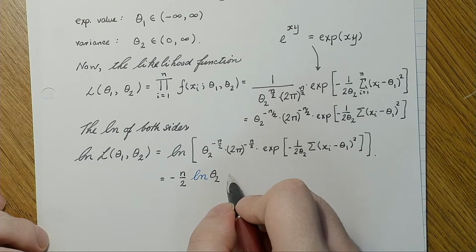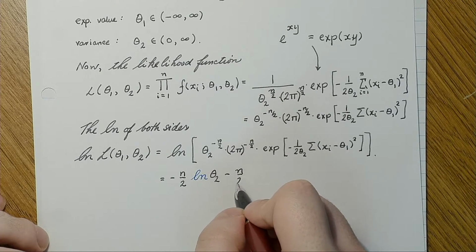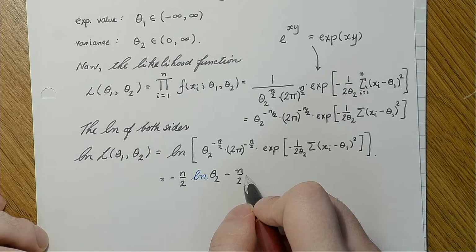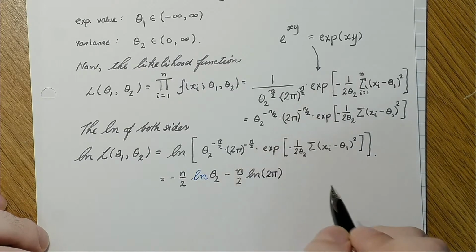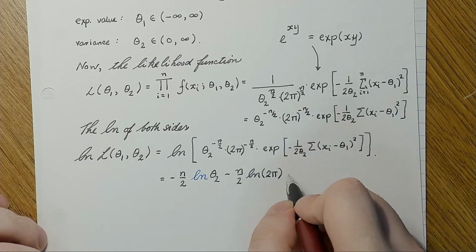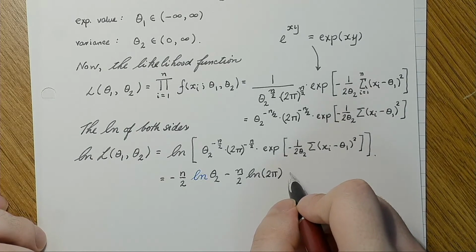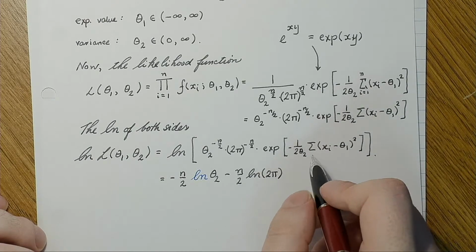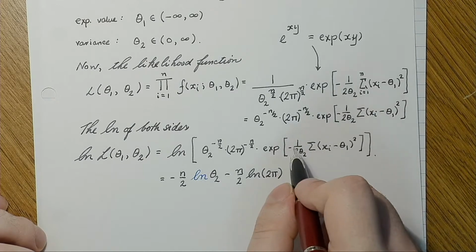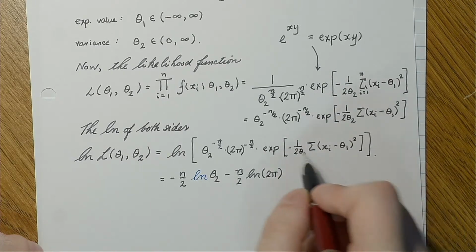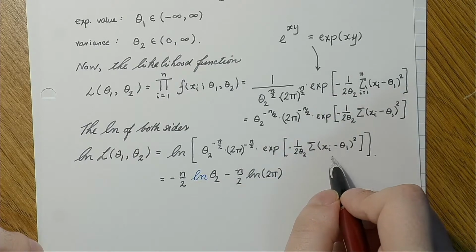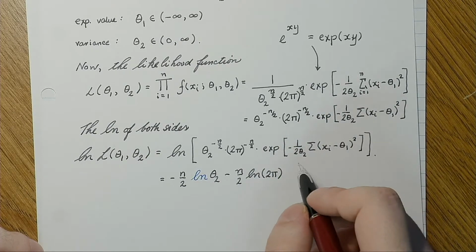I'll also have a minus n over 2 ln of 2 pi. And then this up here will come down in front.